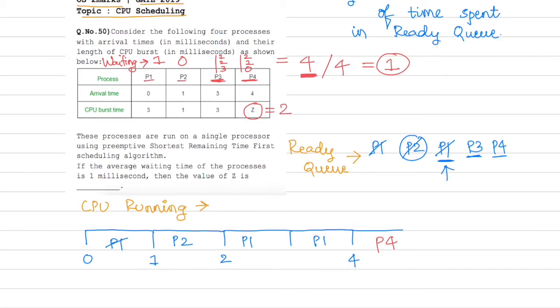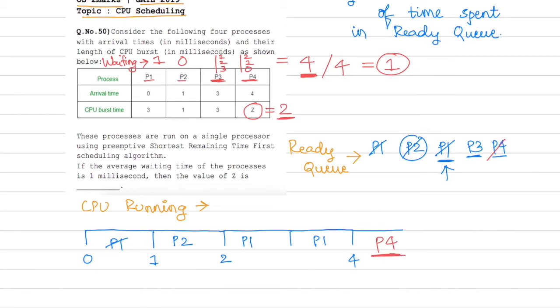Okay, so now what's going to happen is, again let's come back to our state at the 4th second. At the 4th second we had two processes, P3 and P4. Now we are saying P4 has a burst time of 2 and P3 has a burst time of 3. So obviously P4 will be selected. So I'm going to strike out P4 from here and P4 will come to the CPU.